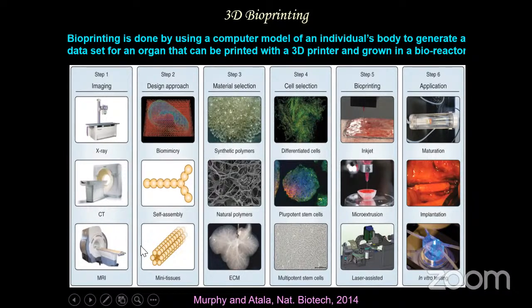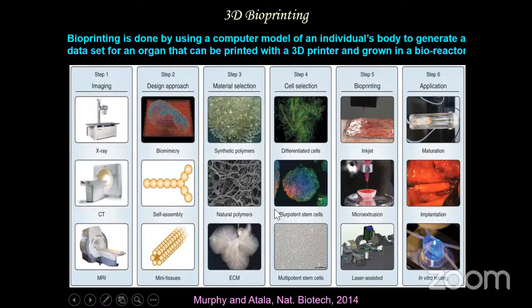So you have to design using specific strategies. Then you have to select the materials that will hold or make the skeleton, either synthetic polymer, natural polymer, or extracellular matrix, which actually helps in cell-cell adhesion. Then you select the cells, whether you are taking mature cells or pluripotent stem cells, multipotent stem cells.